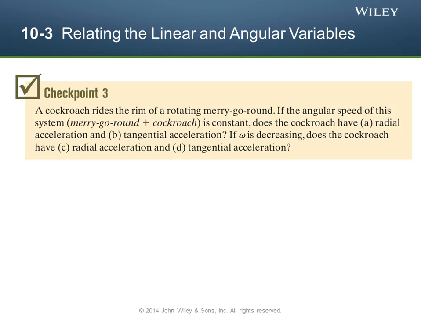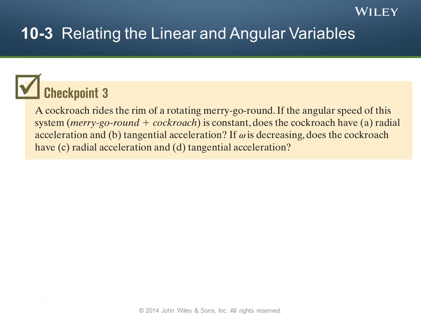Let's take a look at this question here. We have a cockroach that rides the rim of a rotating merry-go-round. If the angular speed of this system is constant, now this is angular speed, does the cockroach have radial acceleration, tangential acceleration?